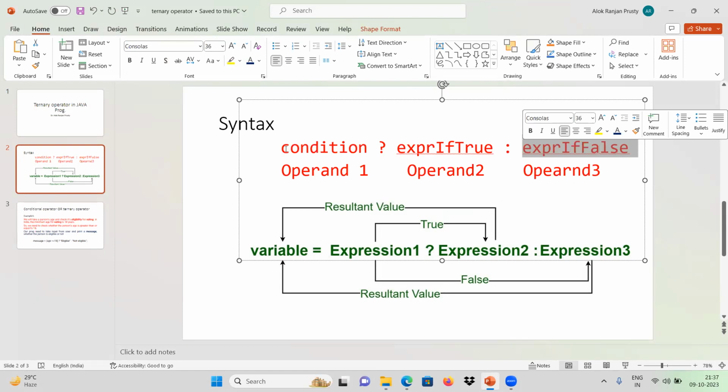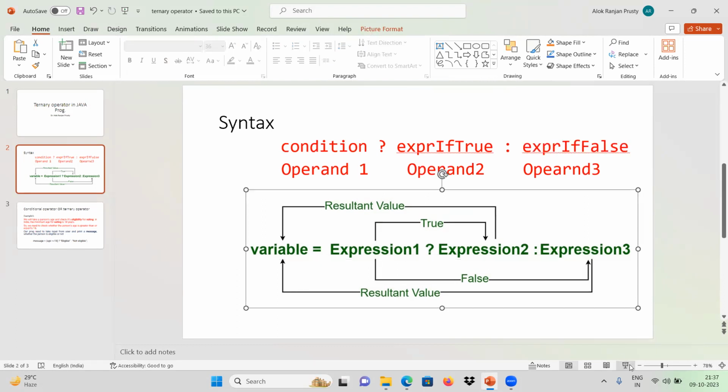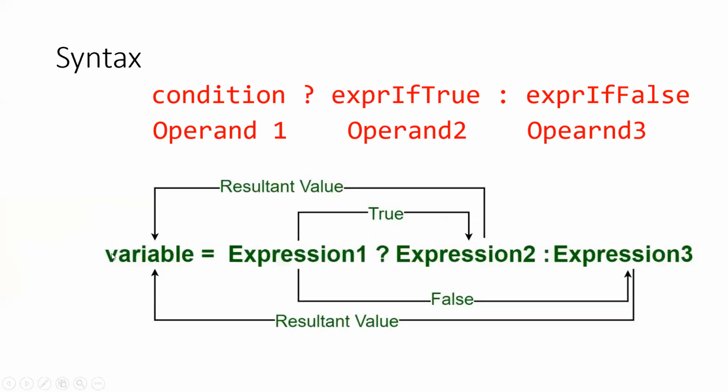Basically, we use ternary operator when we want to check some condition. Okay. So that's why it is sometimes also called a conditional operator. Just see this particular picture. Now here we have written variable equals to the assignment operator, expression 1, then the question mark, expression 2, then the colon, then expression 3.